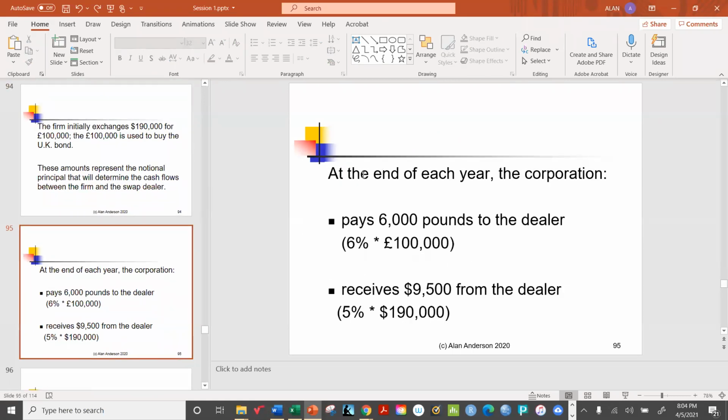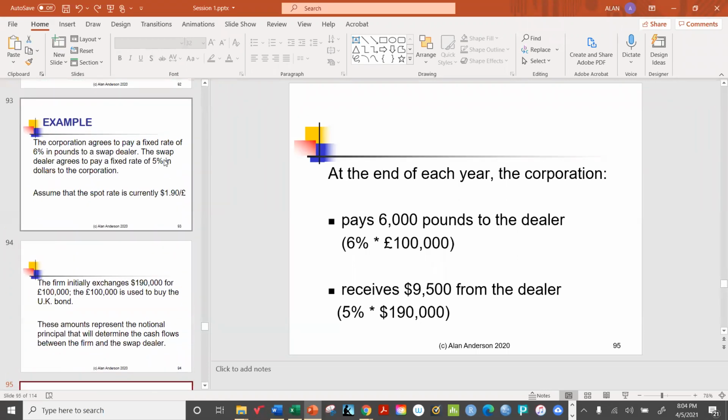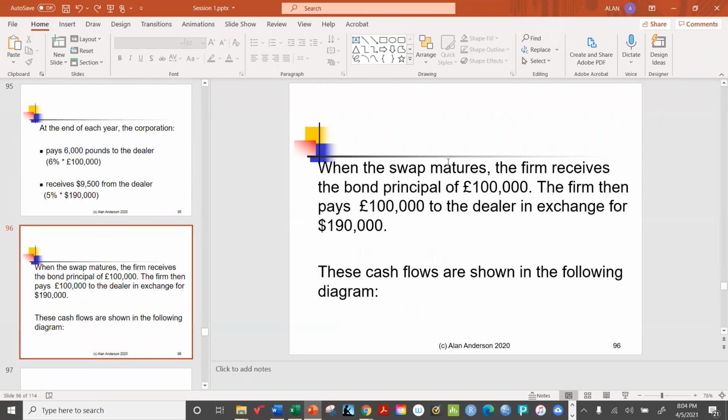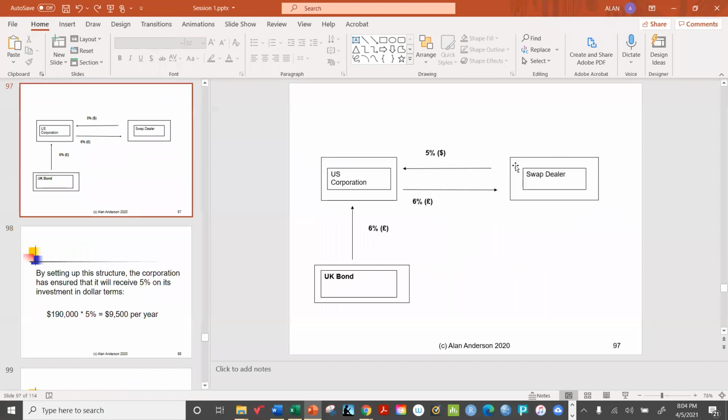So at the beginning or the end of each year, we, the American company, are paying 6,000 pounds to the dealer, and we're getting back $9,500. That's locked in. And we also trade the notional principal at the beginning and the end. So therefore, the intermediate cash flows look like this.